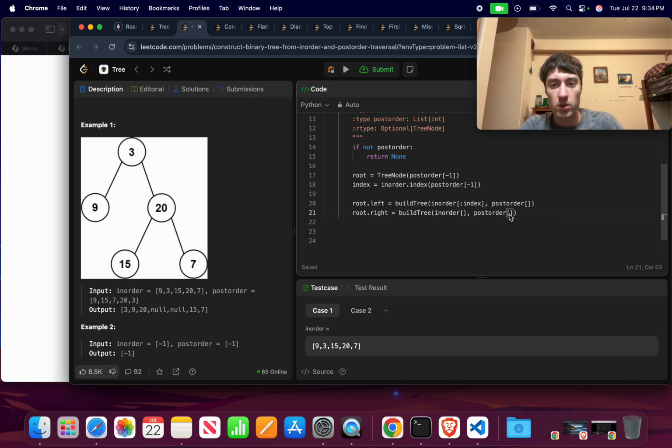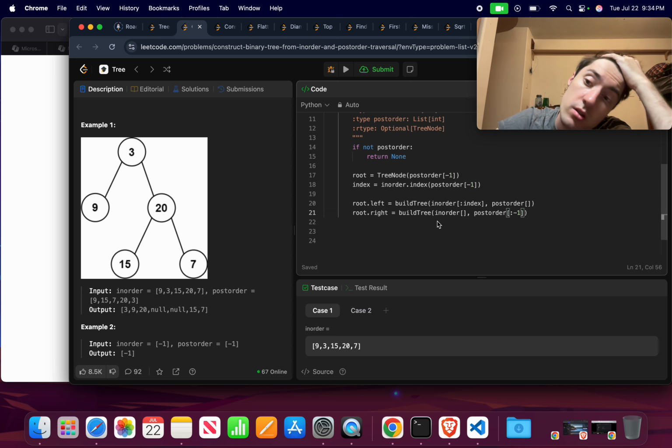Okay, so post order is going to be from 0 all the way to the end, but I don't want to include the end. Is this non-inclusive? I don't even know, man.